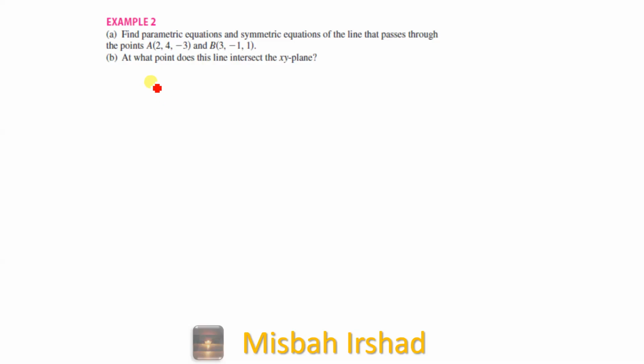Find the parametric equation and symmetric equation of the line passing through the points A and B. Now we have two points. In order to find the vector parallel to the line, we need to find the vector joining A and B. That will serve as the direction vector, and the rest of the process will be the same.